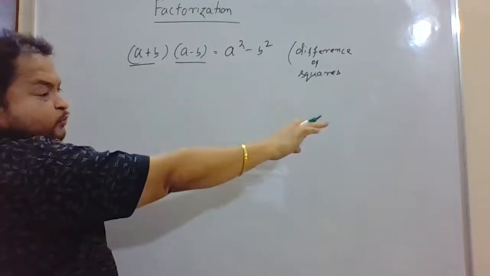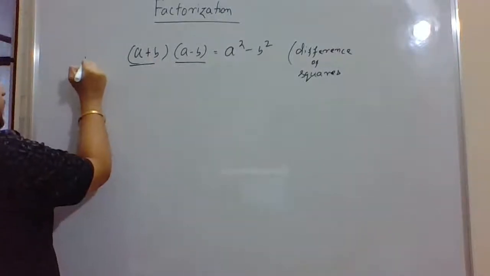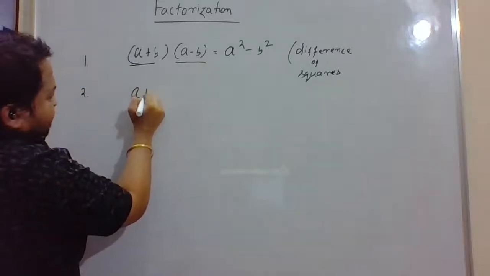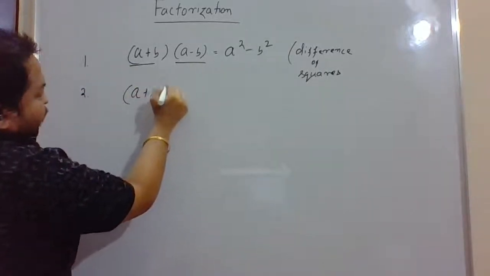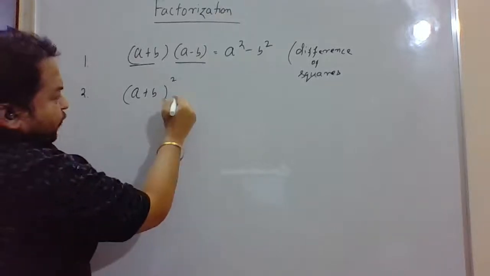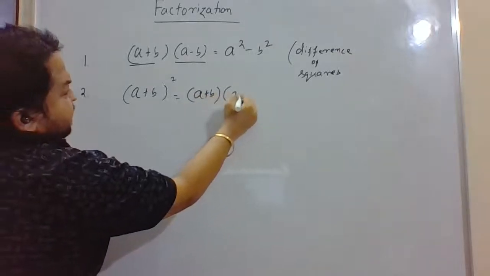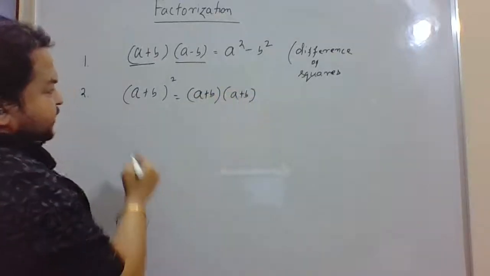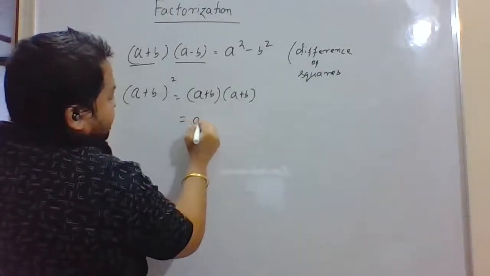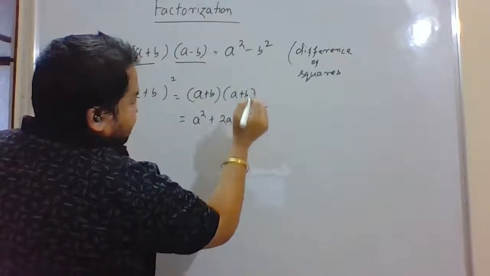We'll look into problems to understand, but let us first understand the theory part. First one. Second, if my problem is a whole square of something, a plus b whole square, or I can say this is nothing but a plus b into another a plus b, right? So we know the formula for this is a squared plus 2ab plus b squared.